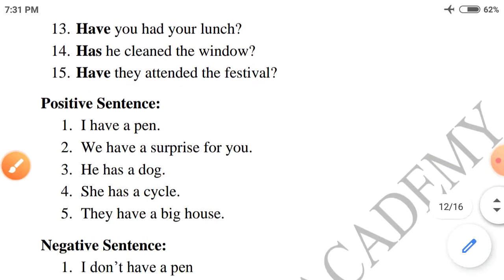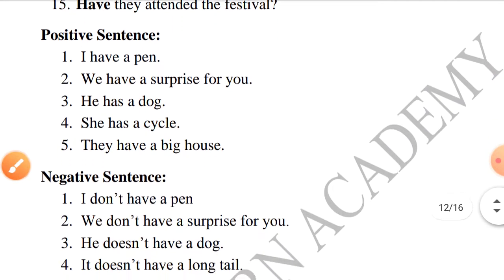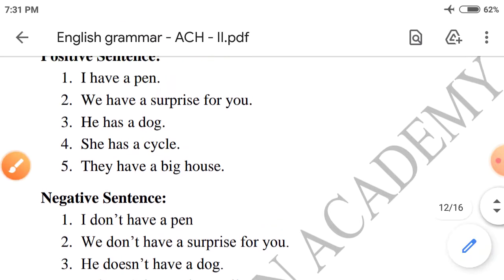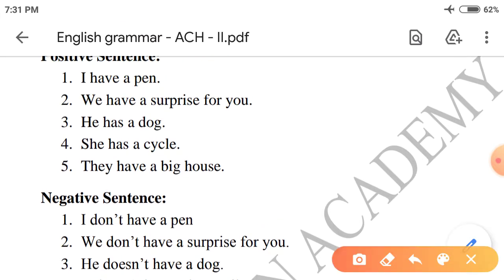Now, we can make the positive and negative sentences. For the positive sentences, I have a pen. I have a pen. Here the subject is I, so we are using have. We have a surprise for you. He has a dog. She has a cycle. They have a big house. Okay.